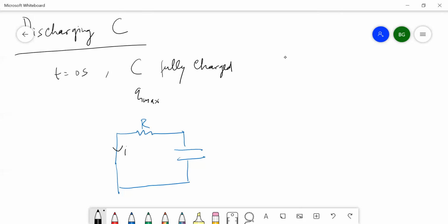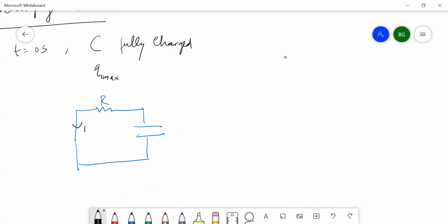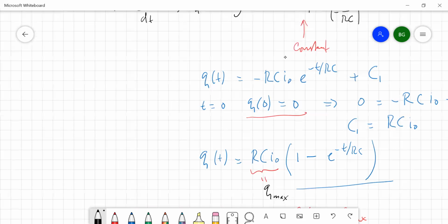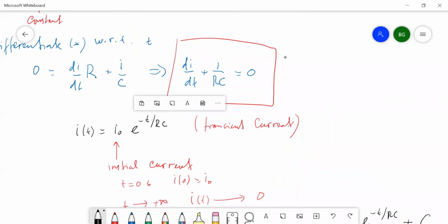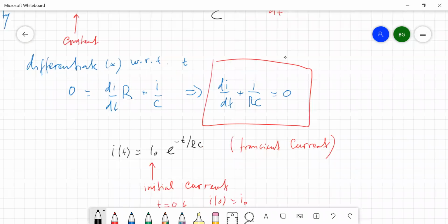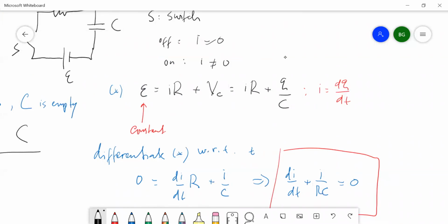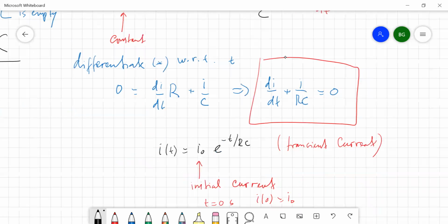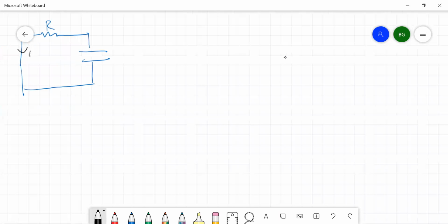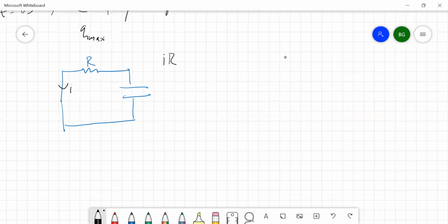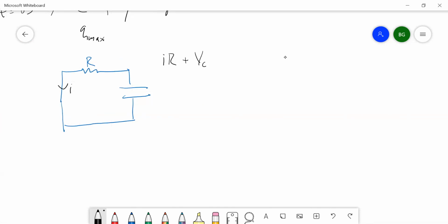From the second Kirchhoff law, because epsilon is 0, we get only I times R plus Vc equals 0.